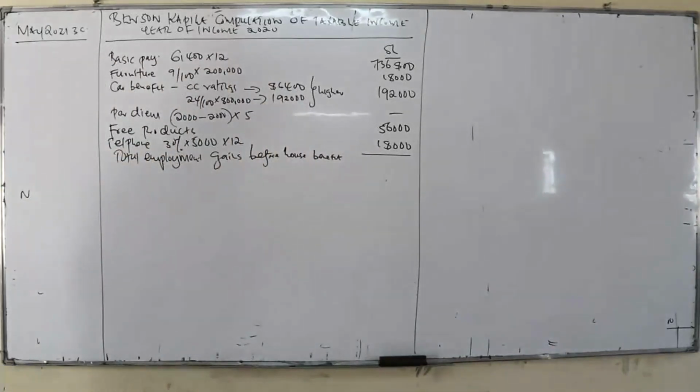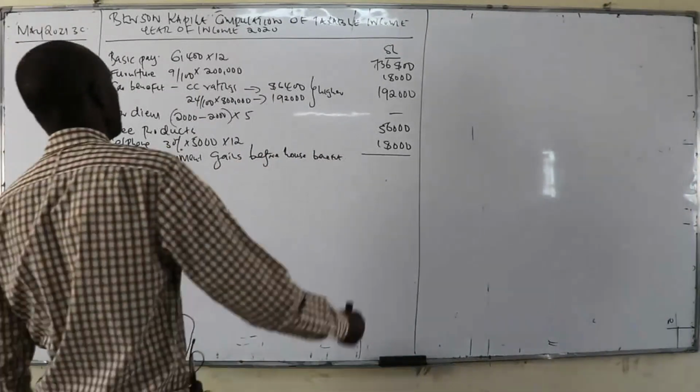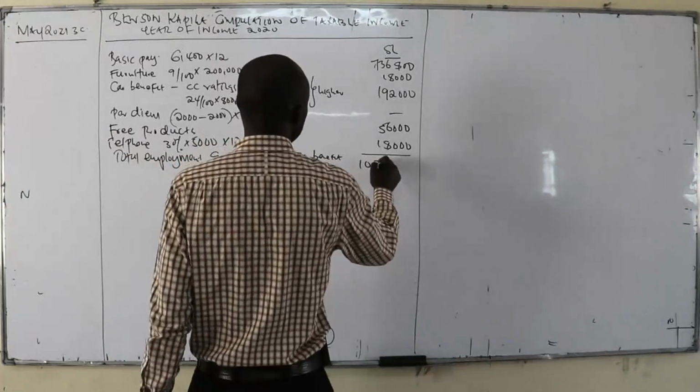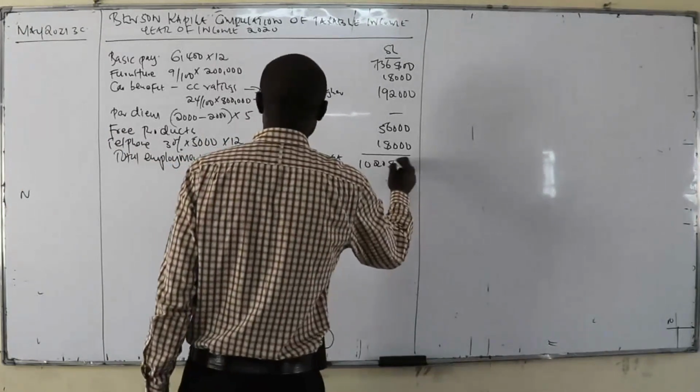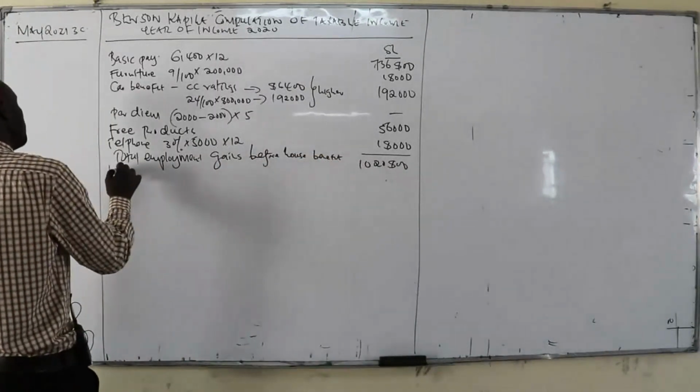What do you get? 1,020,800. And then now here you come and compute the house benefit.